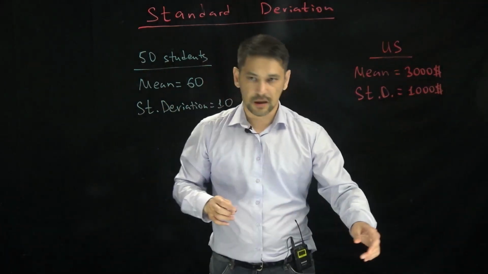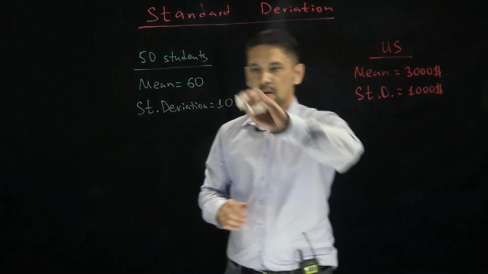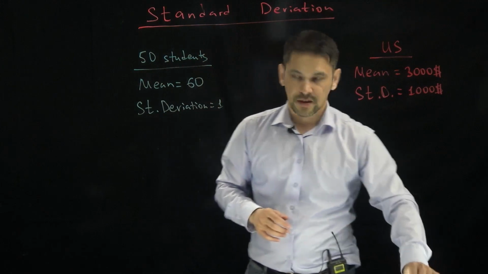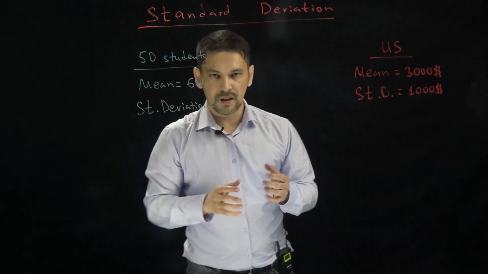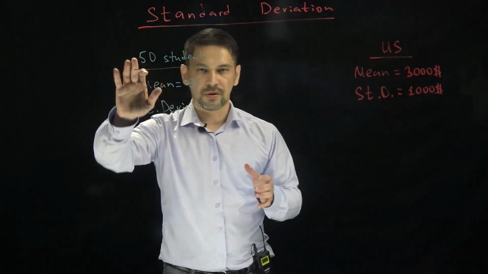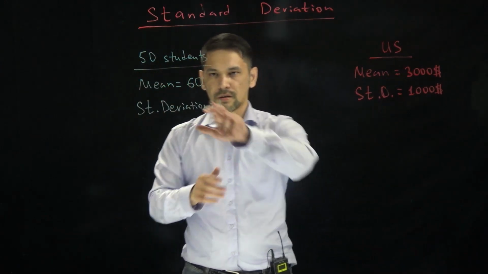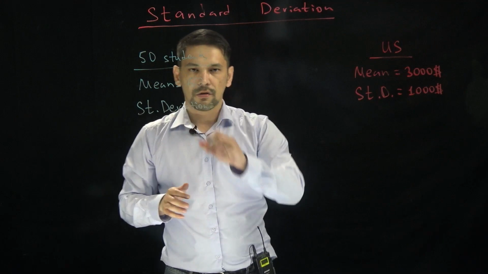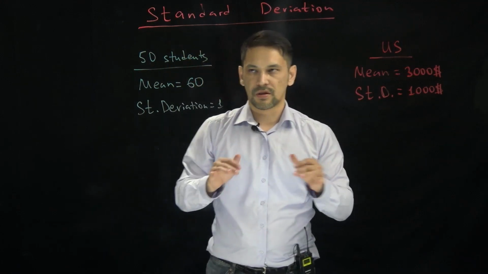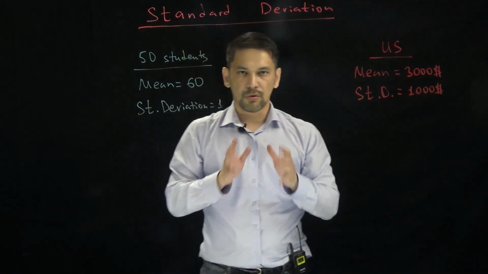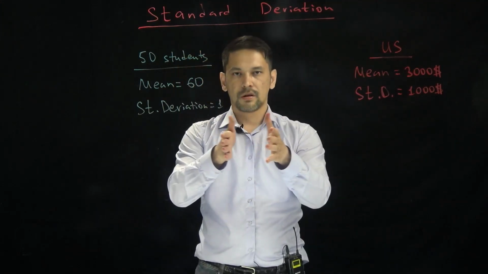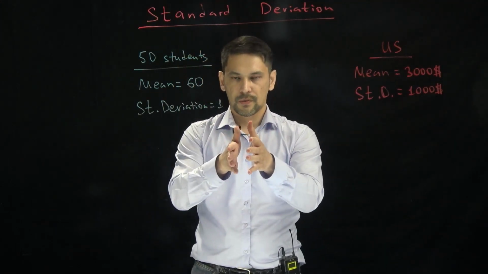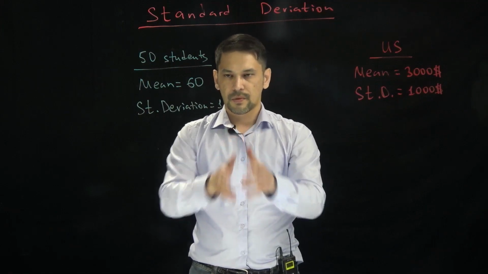For example, if the standard deviation for the scores of all the students is equal to 1, then it means that the scores of all the 50 students are very similar to the average score. If you build a graph that shows the scores of all the 50 students, then you will see in this graph that all the students are very close to the average score. They're just clustered around the center.